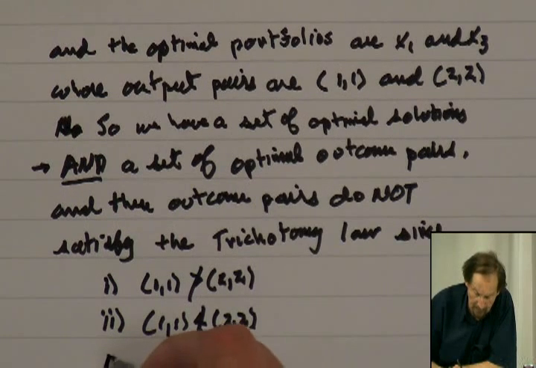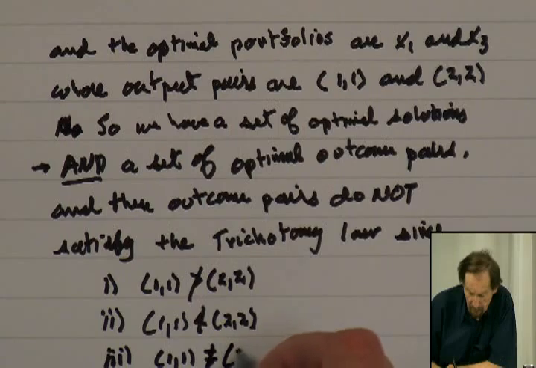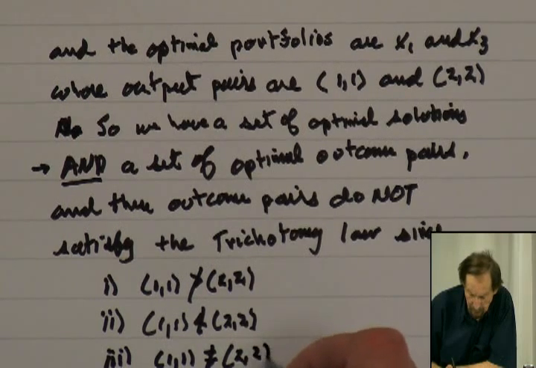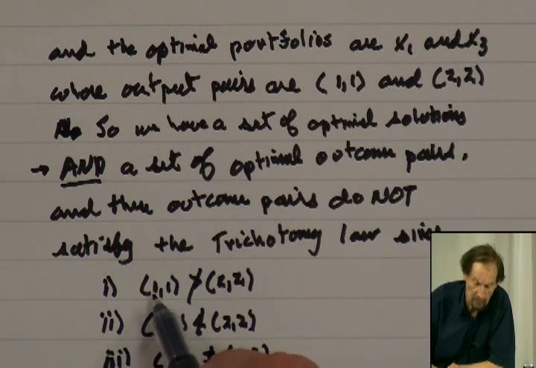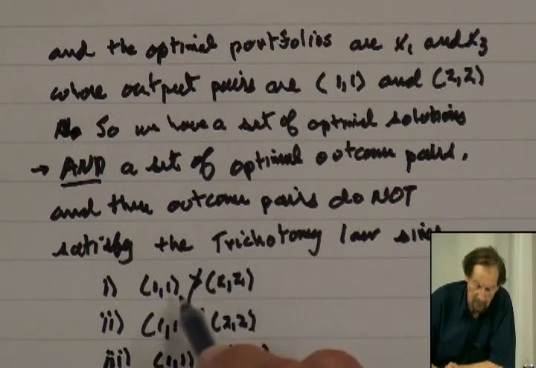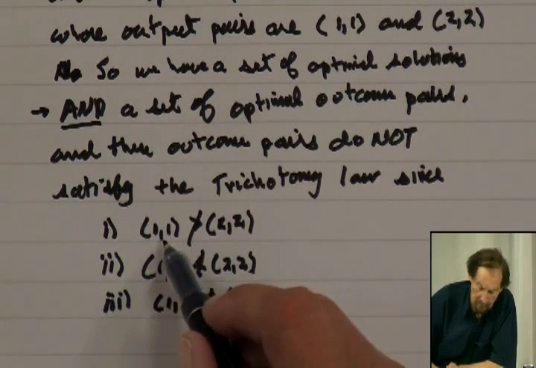And 3, 1, 1 is clearly not equal to 2, 2. 1, 1 has a lower level of risk than 2, 2, but it also has a lower expected rate of return.